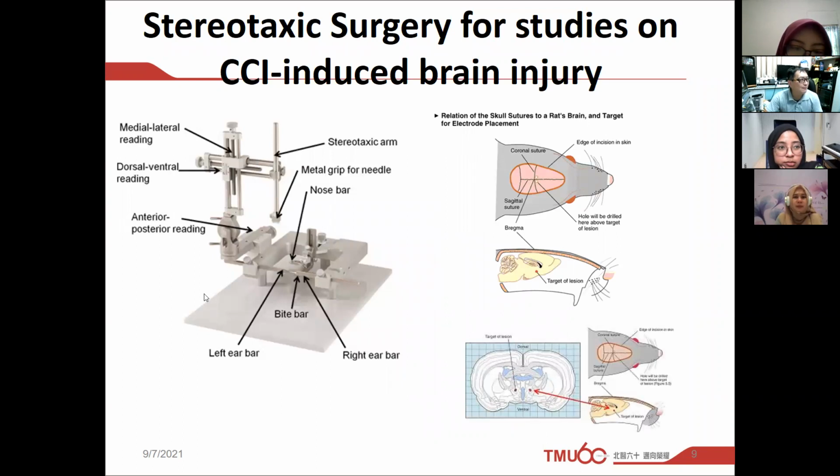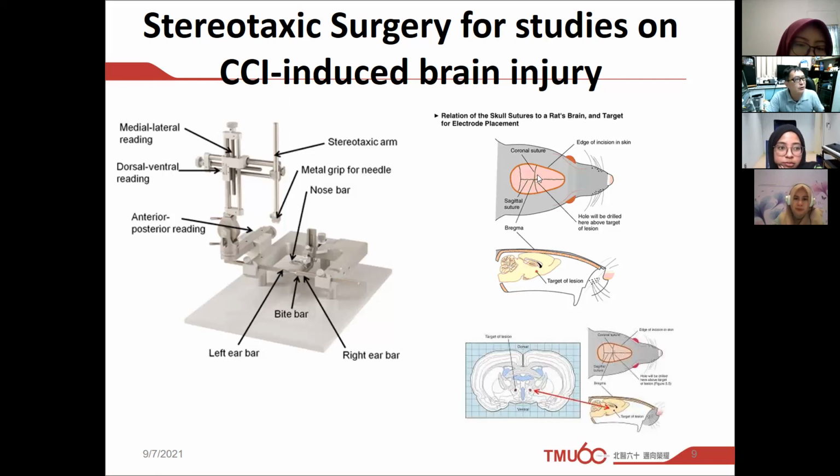And this tool allows us to put the mice in and fix them. It's not going to move. However, in reality it does not move on the stage, but we can carry the stage according to this map. There's some scale: forward, backward, right, left. So we make a mark first.